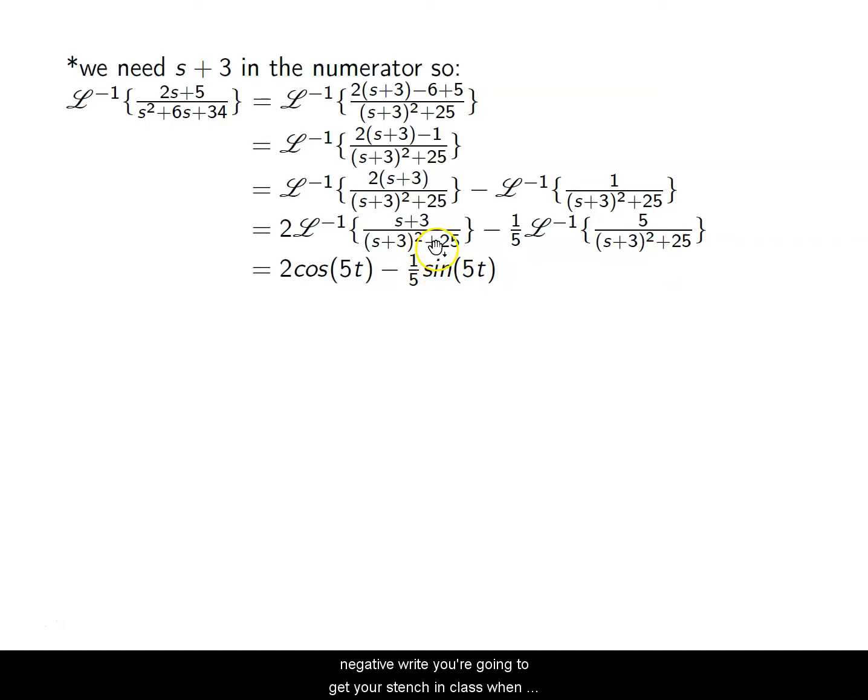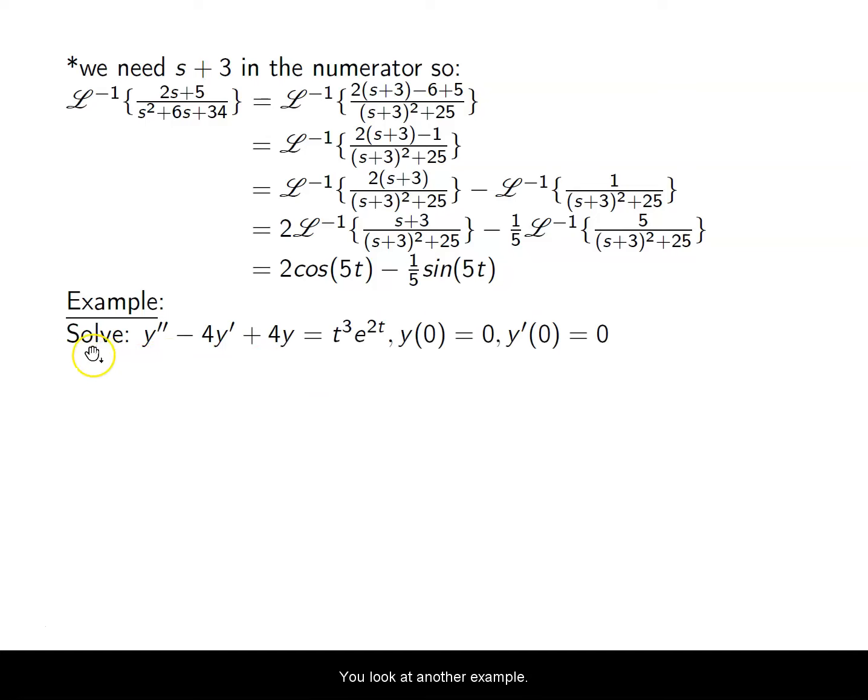So remember, when it's a negative, you're going to get your sinh and cosh when you have your s plus k on the bottom, so you're looking at your sines and cosines depending on if it's s on top or k on top. So that is our first inverse Laplace transform.